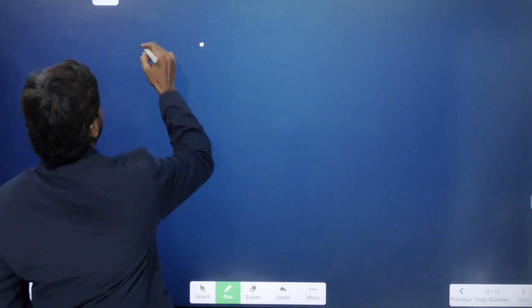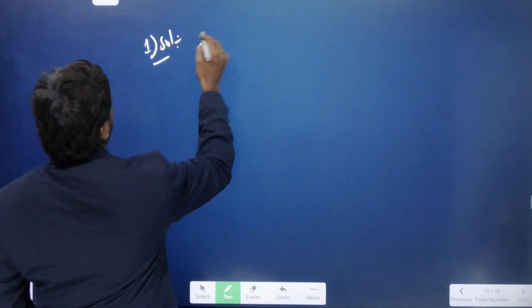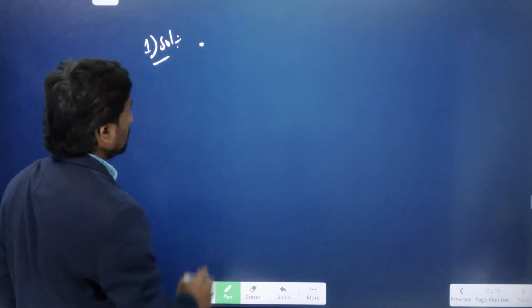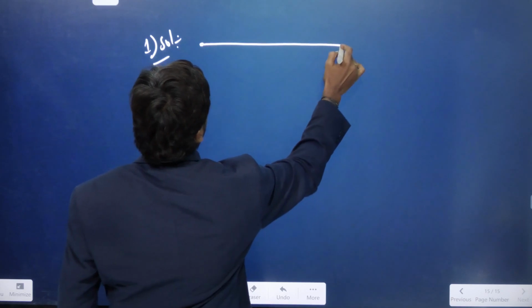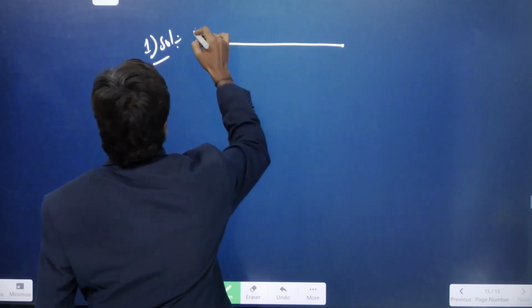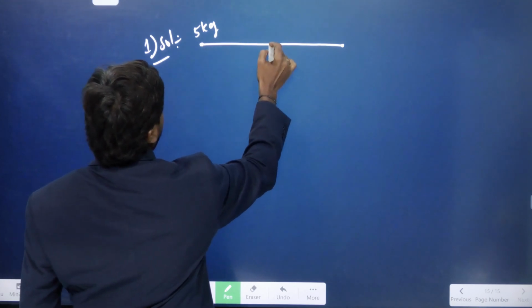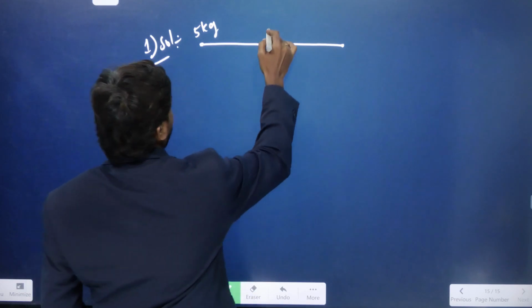So here this is the first solution, exercise 1, page number 30. The diagram is given like this. A 5 kg mass of the body is at one end, and in the middle a 4 kg mass of the body.